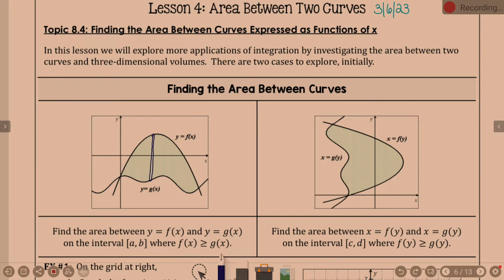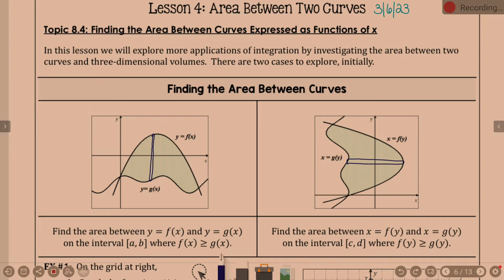But so this one I think of more as a what's on the right curve and a what's on the left curve. The difference here is that these equations are not y equals and then in terms of x. These equations we're going to need to be x equals and in terms of y. Okay? Along these lines, this also means that now instead, you're thinking of horizontal rectangles. Okay? Because the rectangles are going to represent the distance between the two. Okay?